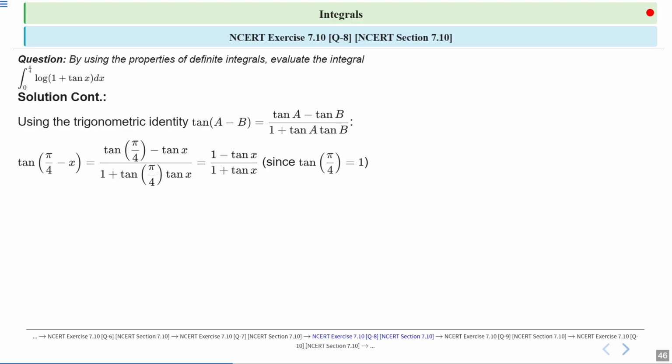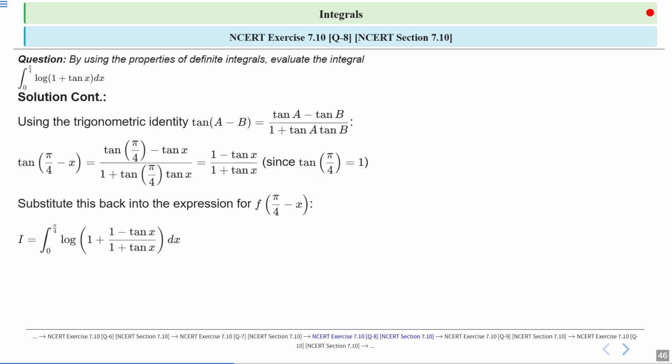So it becomes (1 − tan x) / (1 + tan x). Substitute this back into the expression for f(π/4 − x). So when we apply the property of definite integral, we get another expression for I, that is I is equal to the integral from 0 to π/4 of log(1 + (1 − tan x)/(1 + tan x)) dx.